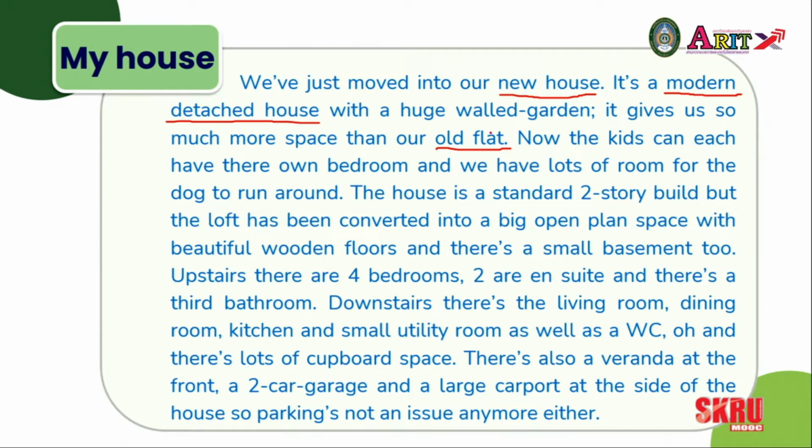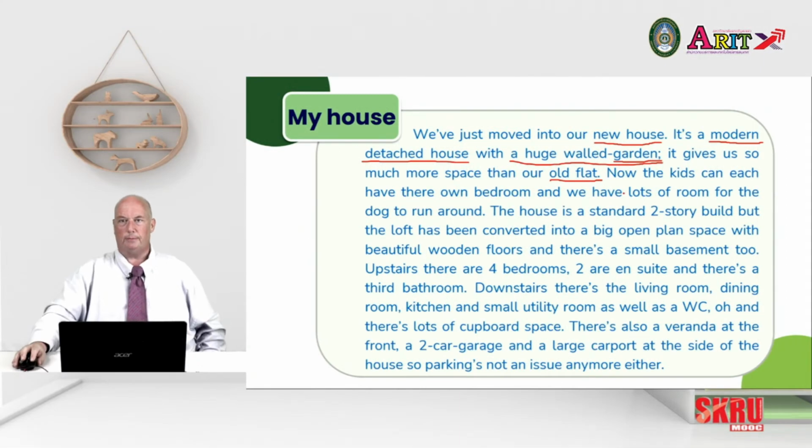So some of the things that the place has. A huge walled garden. So the garden is the area of land around the house that belongs to the property. In this case, it's very big, huge. And all the way round on each side we have walls. You might have a fence or nothing.